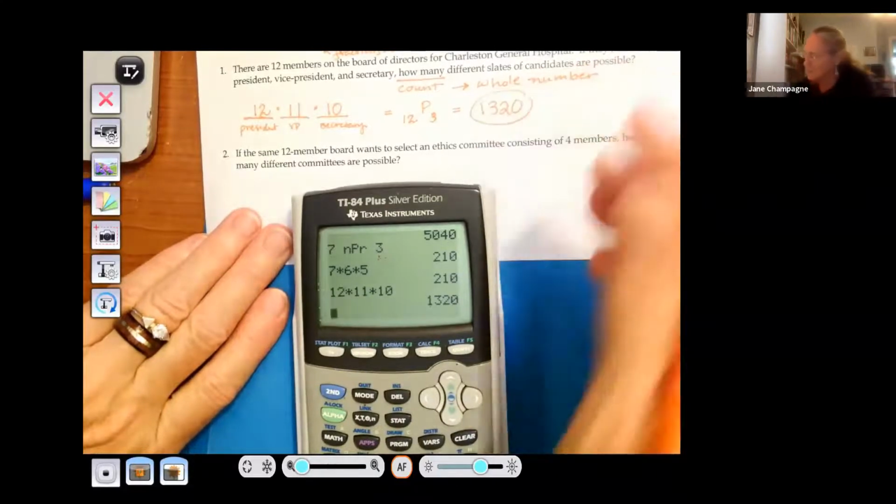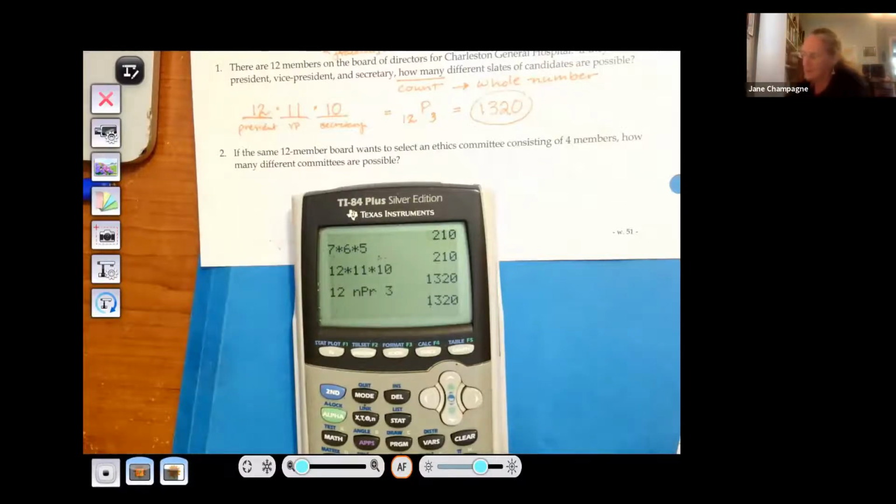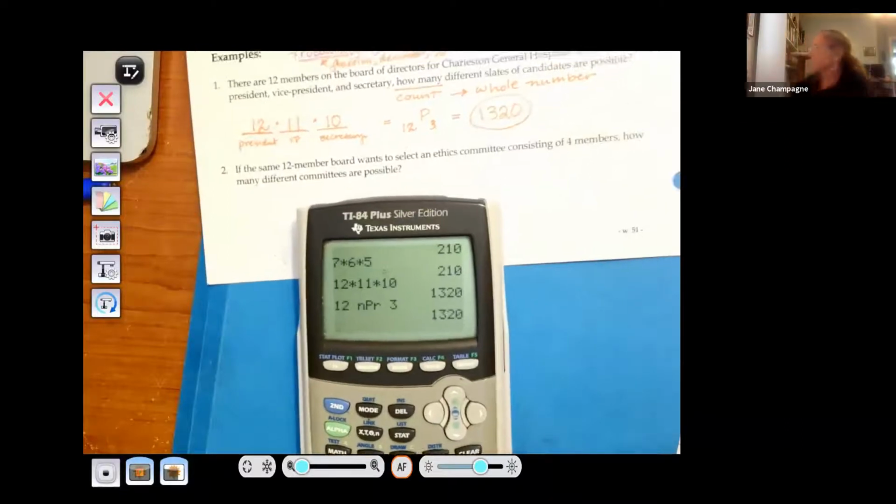And that should be the same thing we would get if we did 12, math, PRB, nPr, 3 positions. Yep, same thing. Okay, so we've got options there. Number 2.